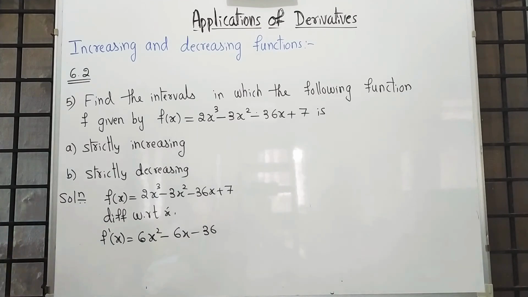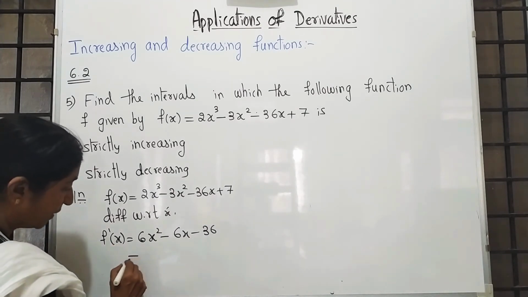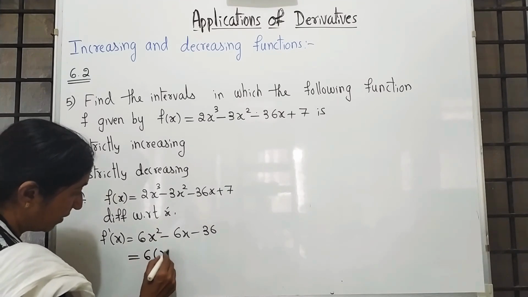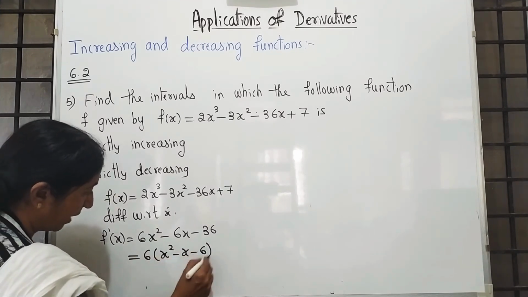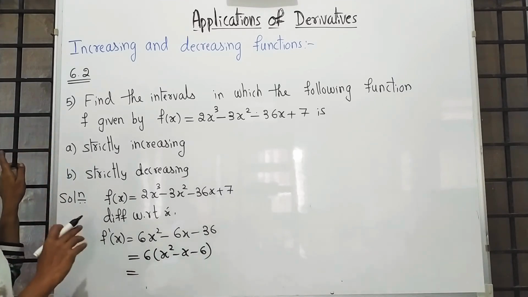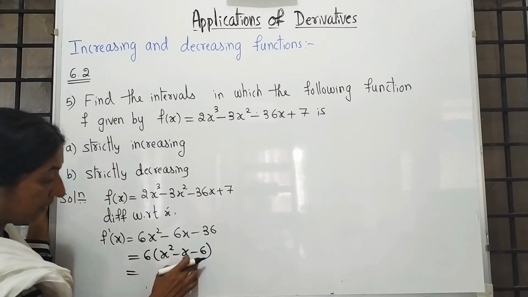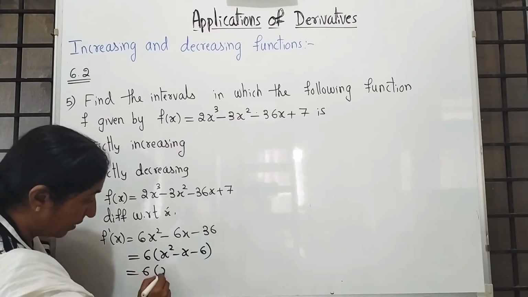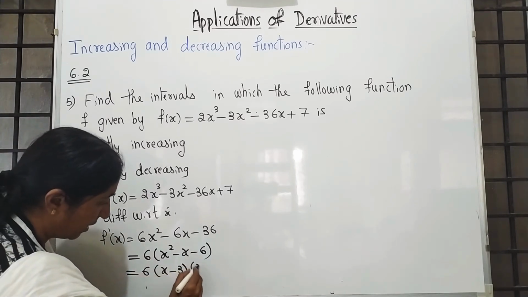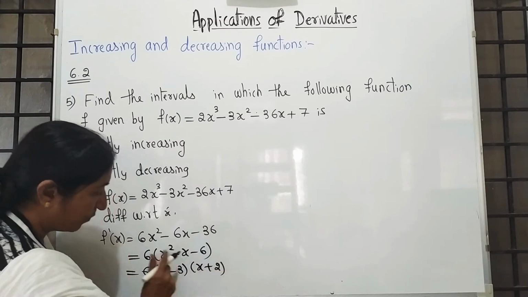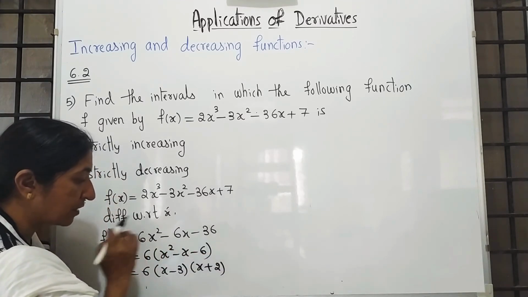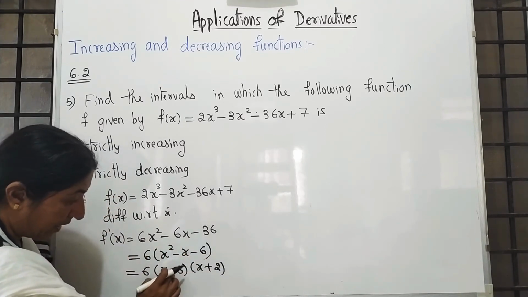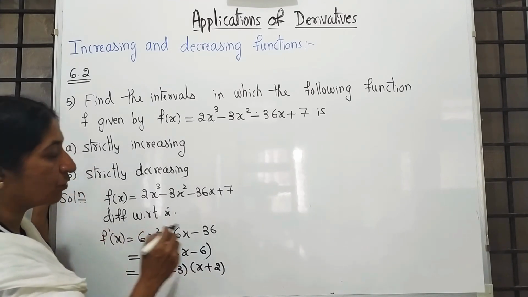And for our convenience, I will write this in the simplest form. First I will take 6 common: x square minus x minus 6. Better you write it in the factor form. Factorize this and write down. Yes, you know how to factorize this. X square minus x minus 6 will be x minus 3 and x plus 2.